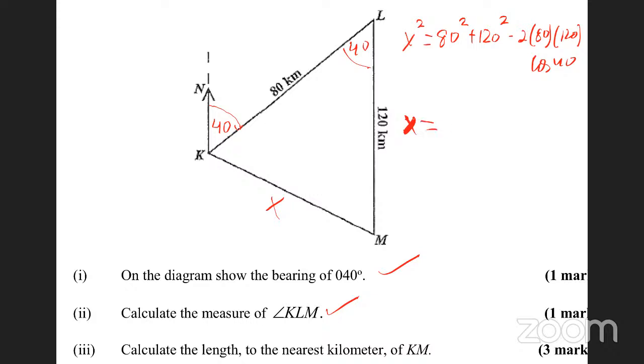Anybody having trouble putting it in the calculator? Check it again. Work out this, and then work out this, and then square root the whole thing. Do it all at once. Practice doing it all at once.